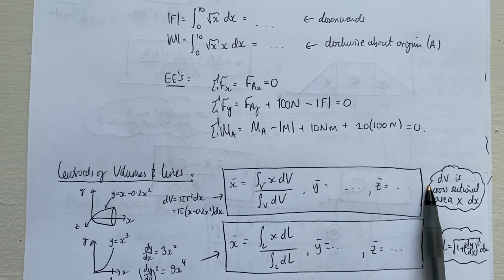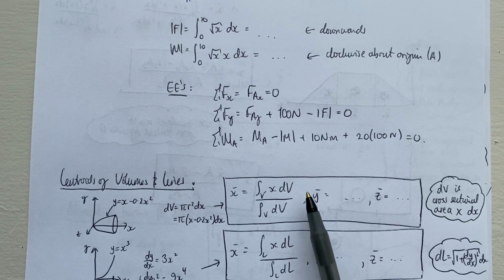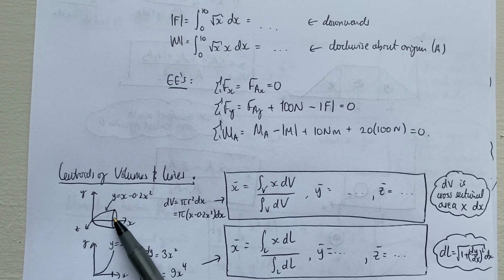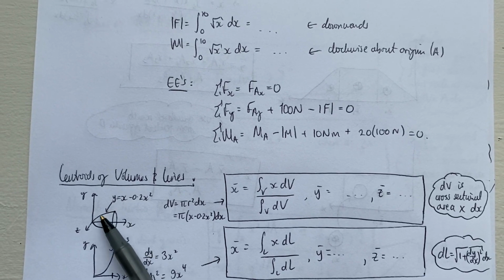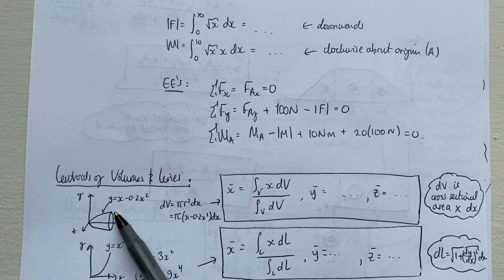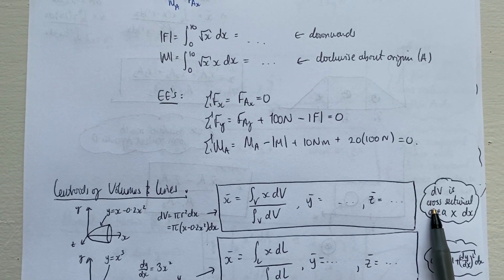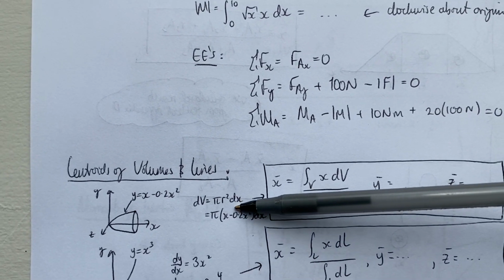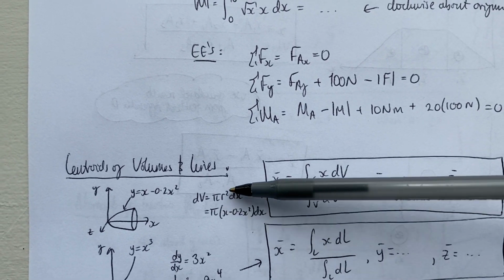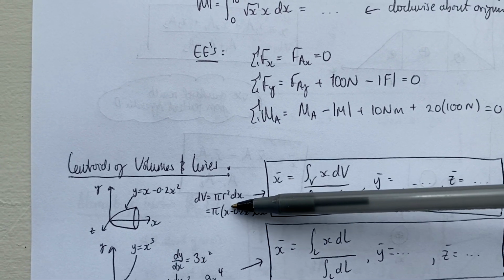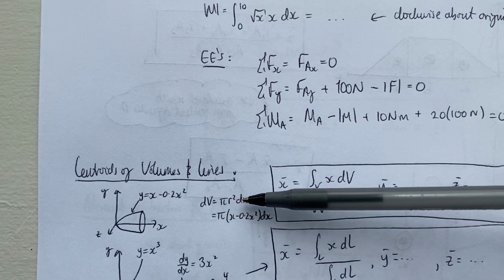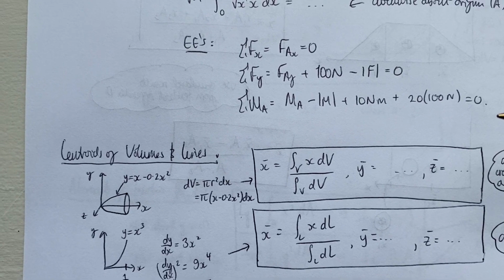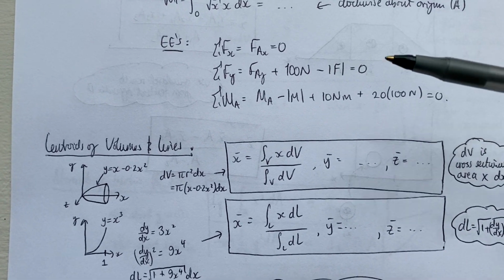And we find dV by taking the cross-sectional area. So for example, in this case, the cross-sectional area of this cone shape is going to be a circle. Take the cross-sectional area, multiply it by dx. The cross-sectional area, as I said, is a cross-section of a circle, so that's pi r squared. So multiply it by dx and we get dV. So that's how we deal with volumes.